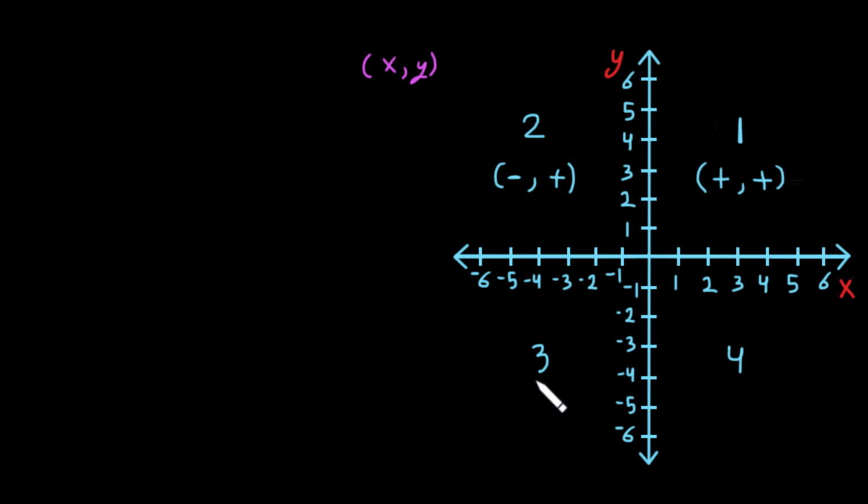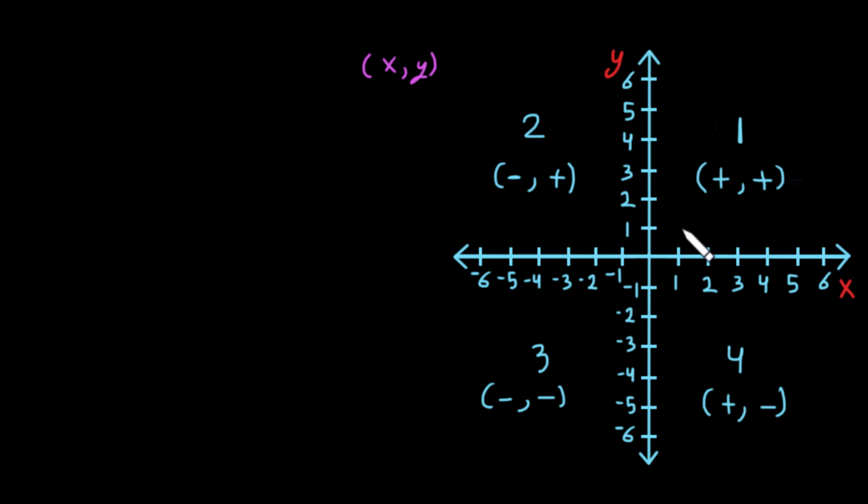In the third quadrant, x is negative, and y, since it's down, is also negative. In the last quadrant, x is positive, and y is negative. So it's very easy to visualize the quadrants in this coordinate plane.